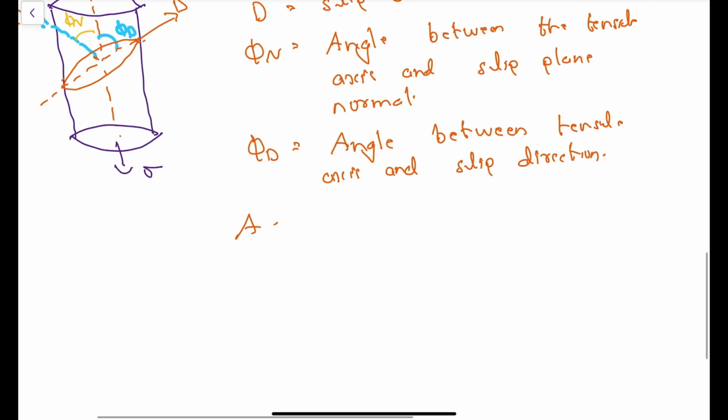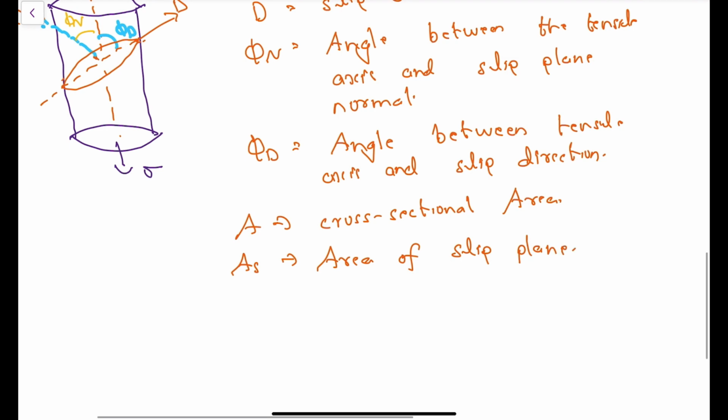A is the cross-sectional area, and AS is the area of the slip plane, meaning the inclined plane.